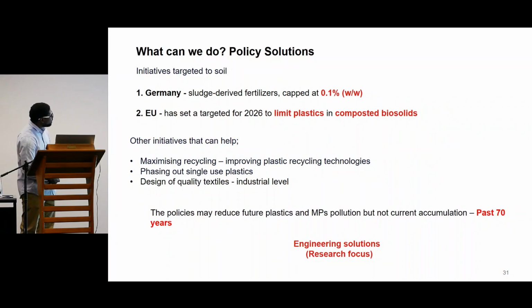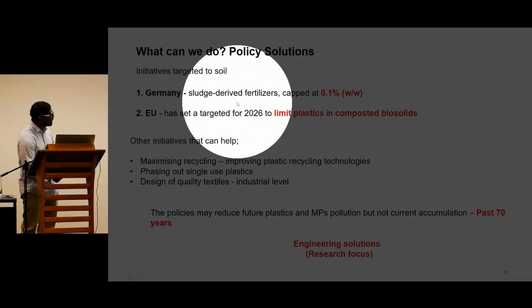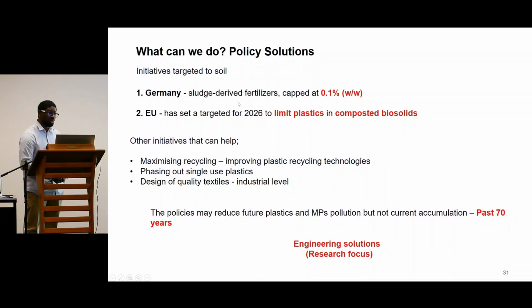And in terms of initiatives targeted to soil, Germany is the first to actually implement a cap on the number of microplastics that can be in biosolids-derived fertilizers. The EU is also targeting to reduce the number of plastics in composted biosolids for soil by 2026. So it looks like there's still work to be done for this to happen.